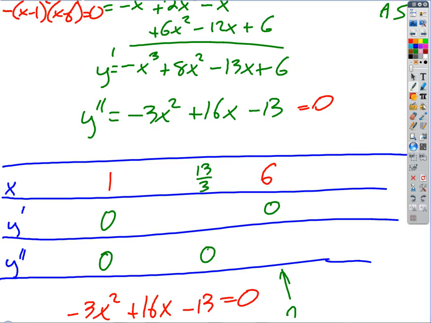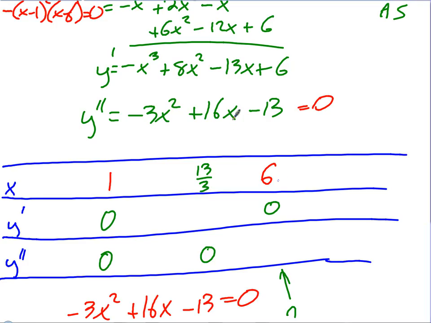Plus, what do we get there? 6 times, so that's 96. Is that right? 204. Okay, so it's definitely going to be negative, isn't it? Because this term is smaller than this one, and this one's negative, then we can get some more negative. So we know it's going to be negative.